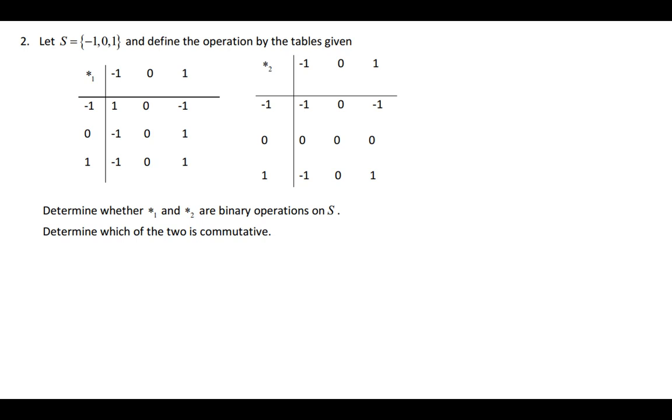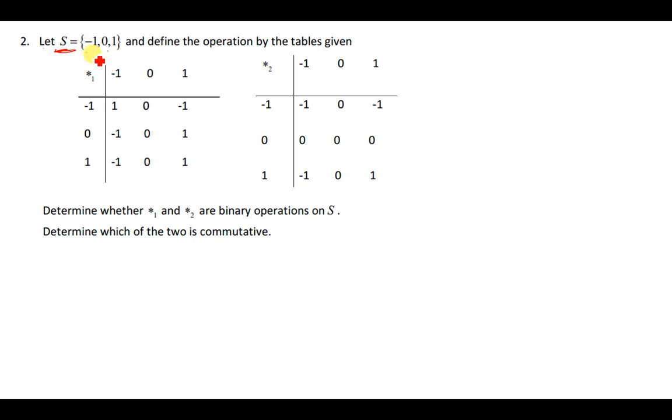How can you analyze tables on binary operations? So you have the first table there. Okay, before we look at the tables, let's look at the question. Let S be equal to {-1, 0, 1}. These are independent elements. This is not an interval, not a range.